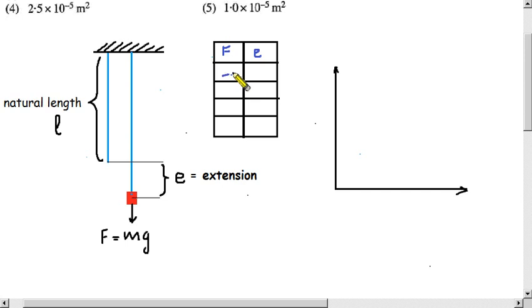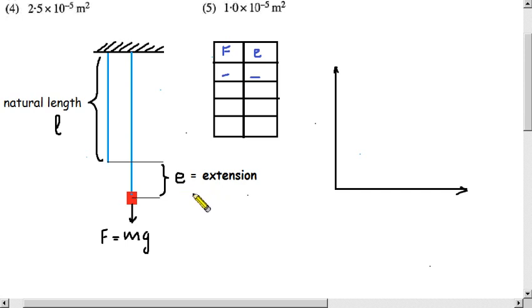So you take the readings by adding weight by weight. Sometimes 0.5 kilogram, that means 500 grams by 500 grams, or 200 grams by 200 grams, little by little you add weights and take the extension, and again you remove that weight and take the extension again.